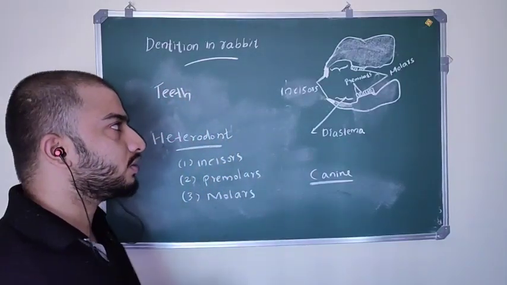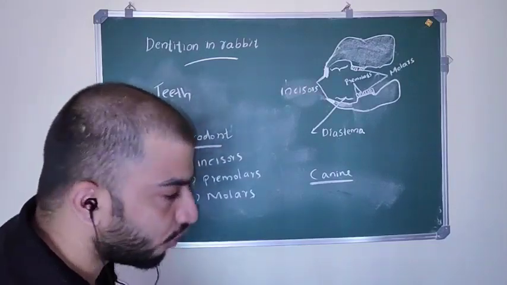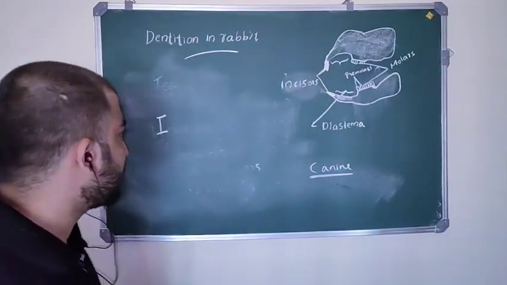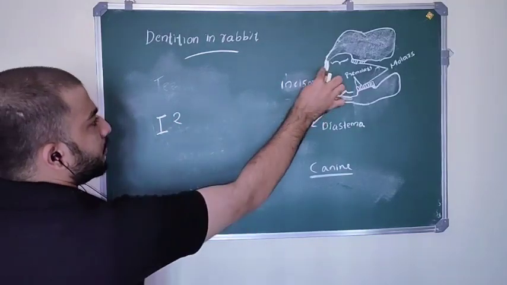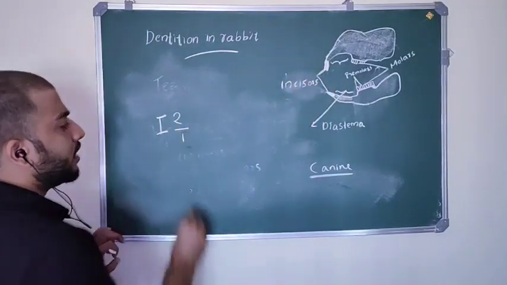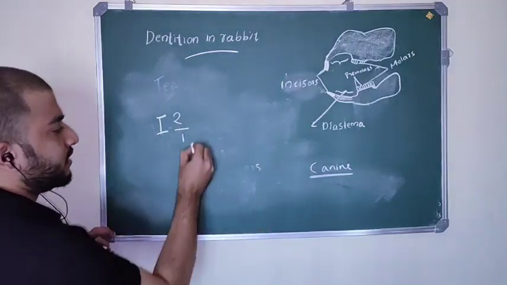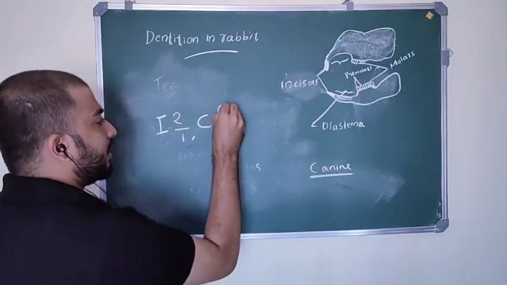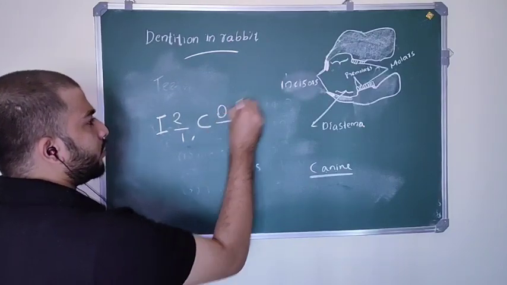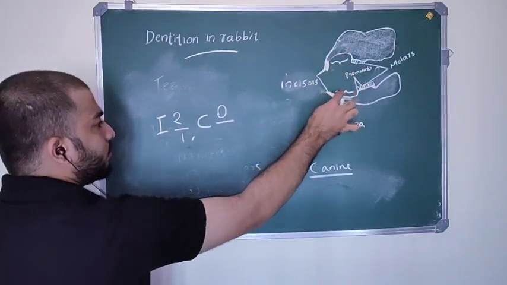Then what about the dental formula? How many incisors are present in rabbit? On the upper jaw two incisors are present. On the lower jaw, only one incisor is present. In the case of canine, they are absent in rabbit, so there is no canine on the upper jaw and also on the lower jaw.